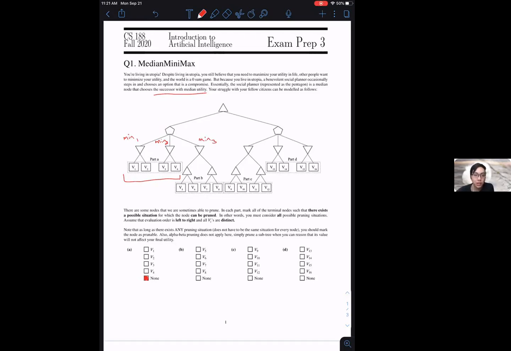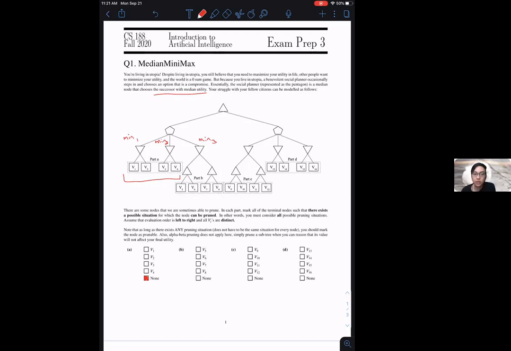Well, let's think about the case where we might not need to know the final value of min3, which is where we could potentially prune the remaining nodes. The reason that we wouldn't have to necessarily know the final value of min3 is because we could be able to put a bound on the median node's value after exploring only partially at that tree.